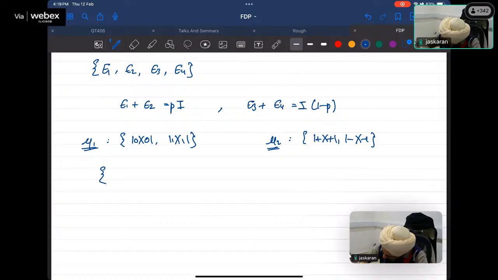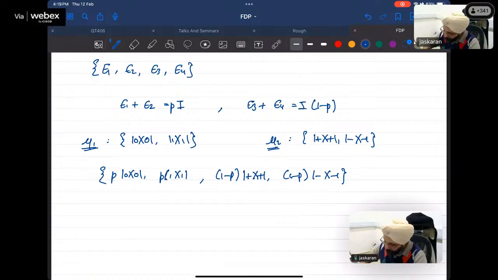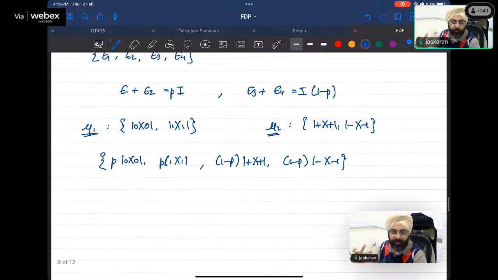So the entire set should look something like this: p times |0><0|, p times |1><1|, 1 minus p times |+><+|, and 1 minus p times |-><-|, right? And then we can generalize depending upon what sort of measurement we are looking at, what mu1 and mu2 we have chosen, and how we are modeling the device.